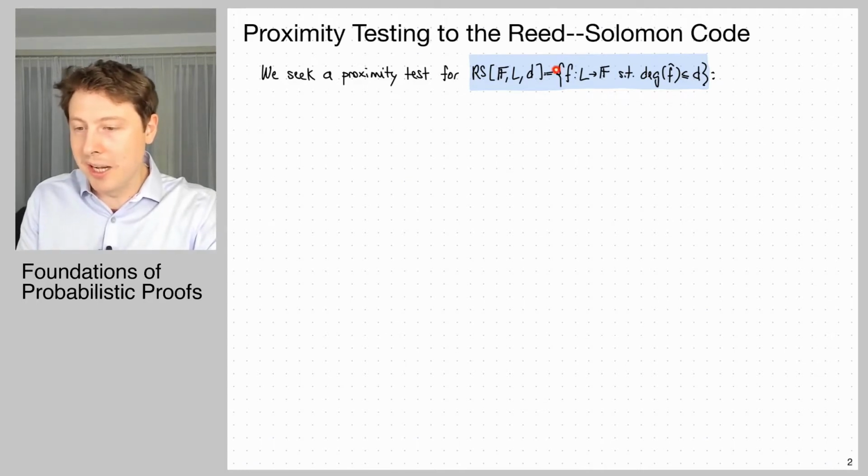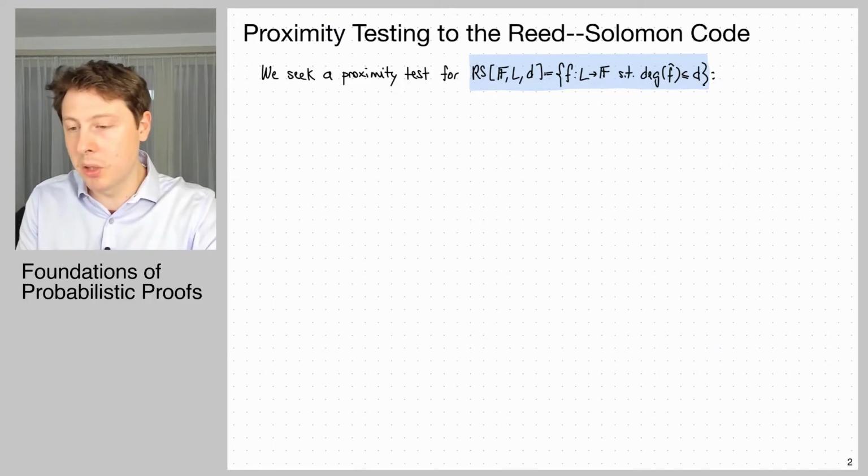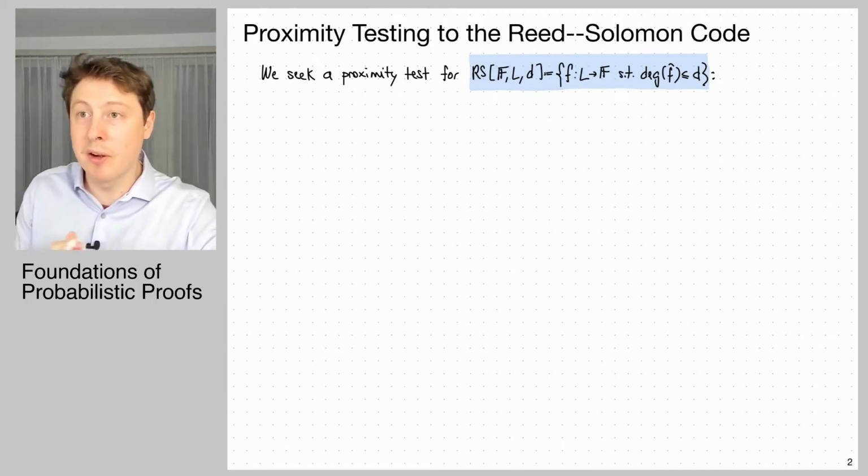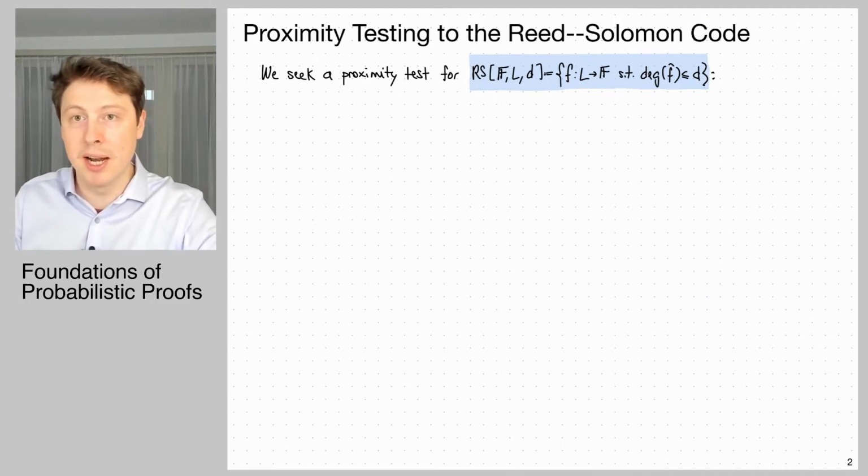And the set of valid encodings that we used last time is that we have some given degree, right? And we consider valid encodings to be all functions such that when you interpolate them, you get a specific degree, right? Of course, the degree is non-trivial only when it is less than the size of L, because every function by interpolation has degree at most size of L minus 1, okay?